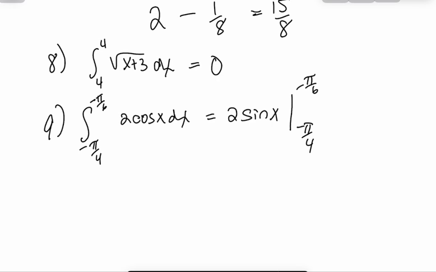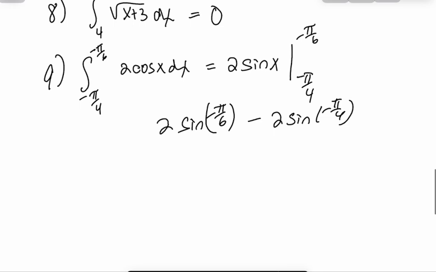If I plug in negative 30, negative pi over 6, it's just 2 times the sine of negative pi over 6 minus 2 times the sine of negative pi over 4. Pi over 6 is our 30. The sine is 1/2, and it's negative down there, so that's negative 1/2.